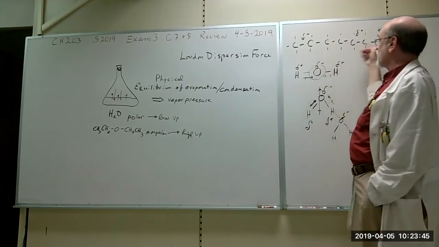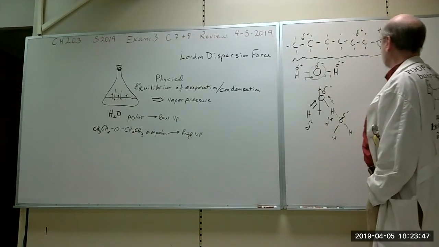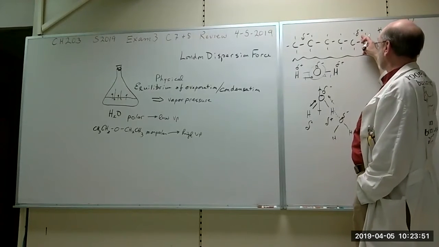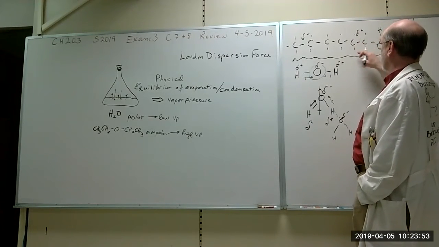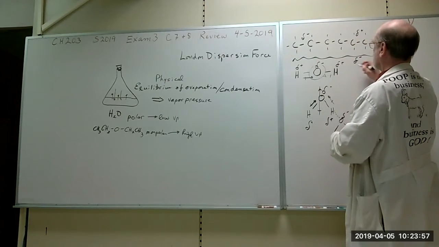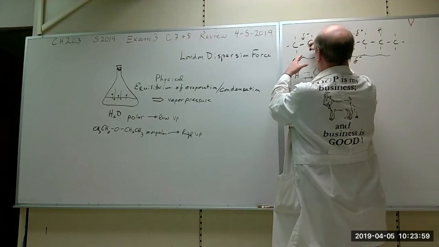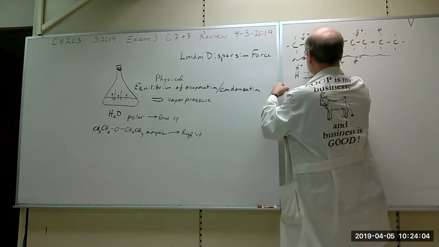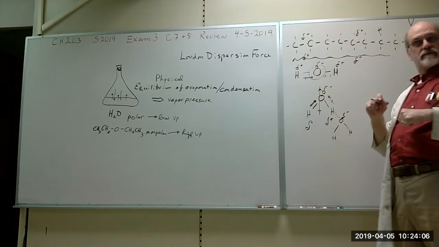And if you have one of these molecules along here, then what does that do? Well, this positive attracts electrons from everywhere to here. And this negative, along with that attraction, turns this one slightly positive.